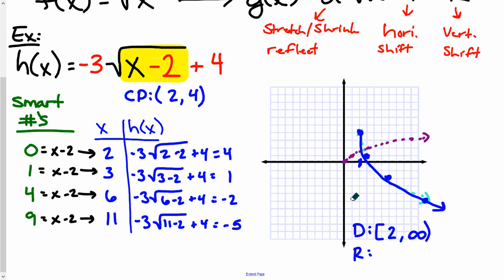Okay. The range, on the other hand, though, remember, we always go and list these from smallest to largest. Because this is going down, it looks to me like it's going down towards where the y value is eventually going to hit negative infinity. So negative infinity is actually the smallest value that you could have in this function. So we would write that first, because it's always least to greatest.